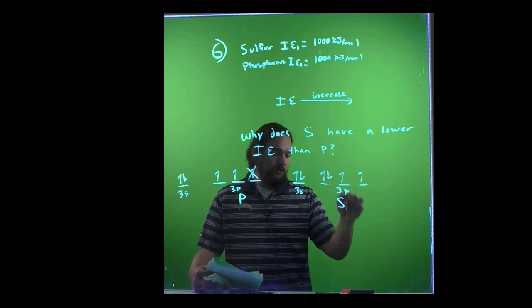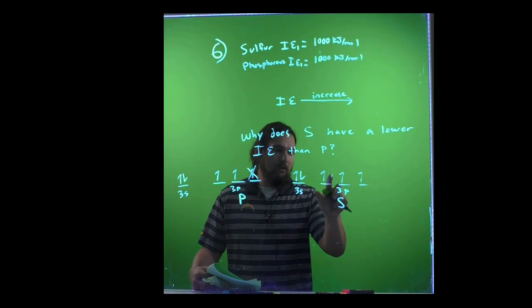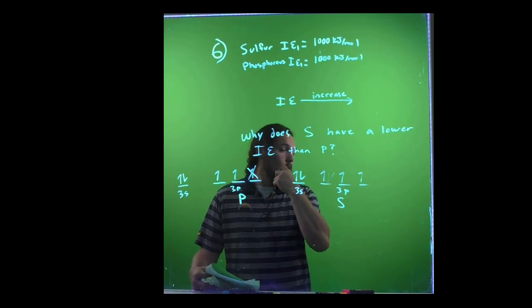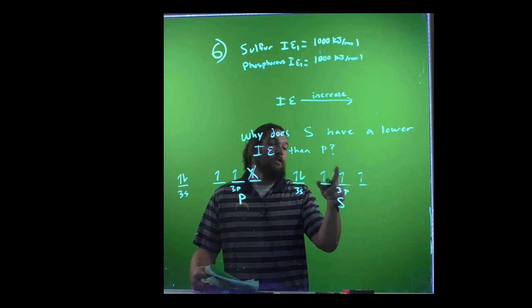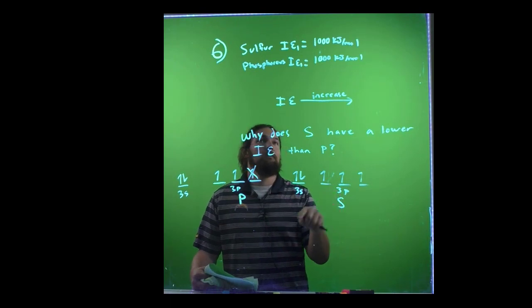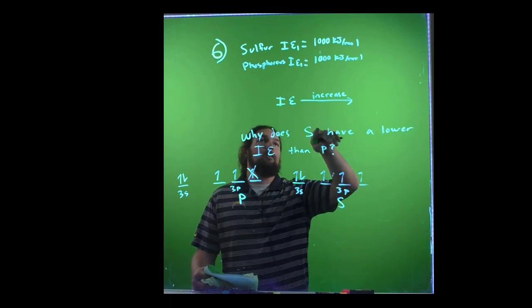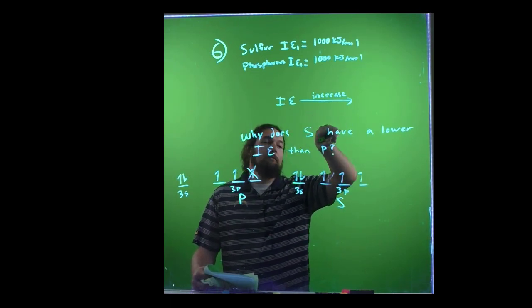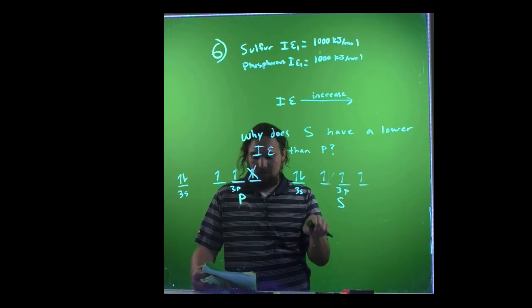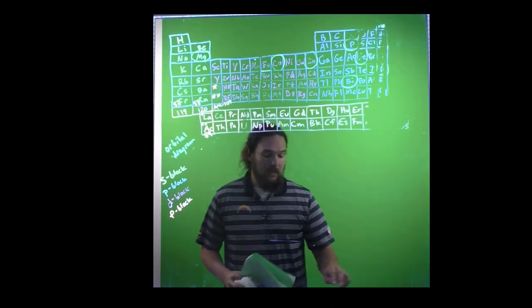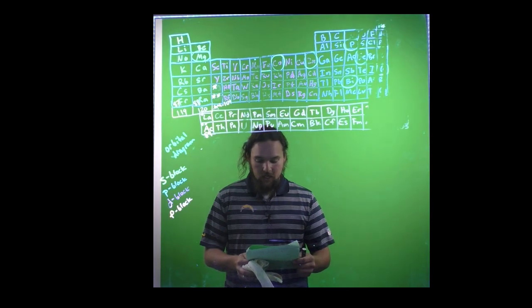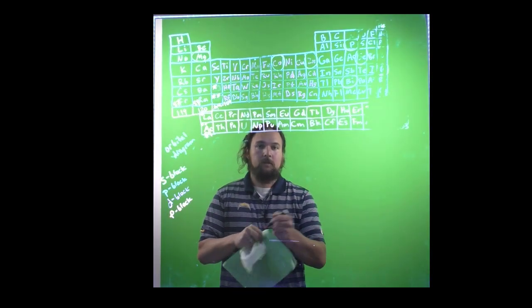So if we remove this electron right here, it goes from partially filled to half filled, which is much more stable. So this shows why the general trend doesn't hold true when we go from phosphorus to sulfur. Let's go ahead and take a look at number 7.